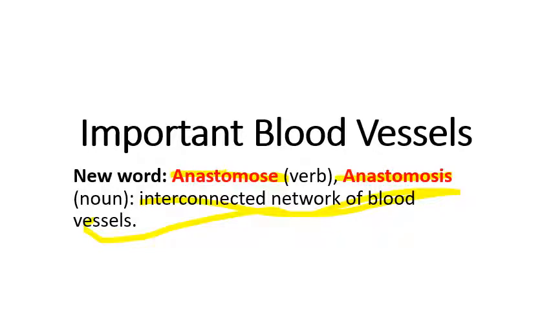But if there are many redundant connections between blood vessels, there are many ways for the blood to get to the same place, and that's called an anastomosis. And when blood vessels do that, you say that they anastomose. Right. Okay, so this is more common in veins than arteries, by the way, but we'll deal with that as we get to it.